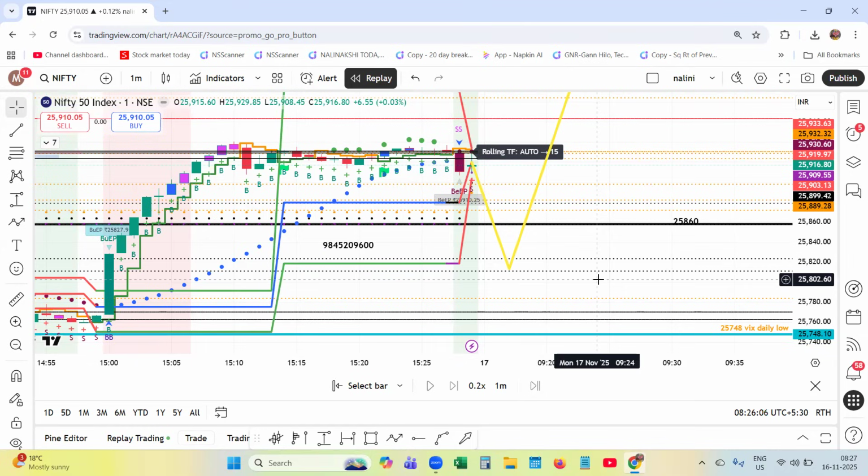Another indicator is an intraday game changer indicator.